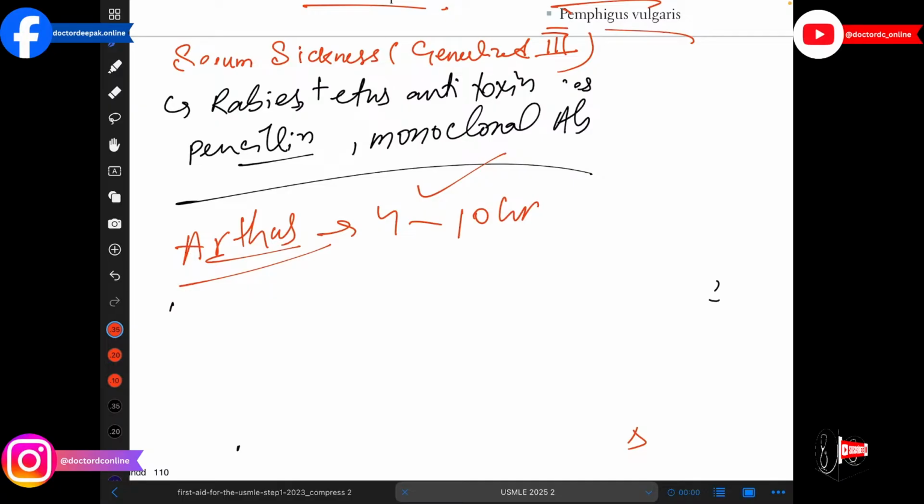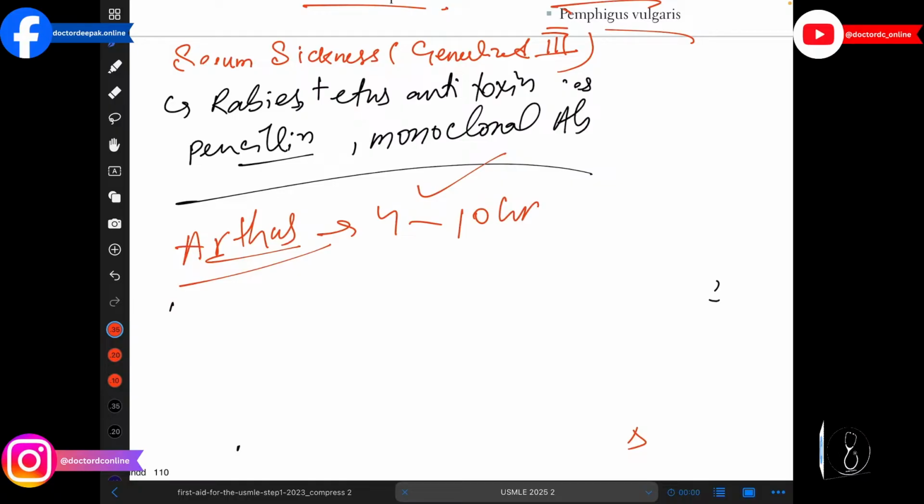On immunofluorescence staining, there will be antibodies and complement deposits. It is reported with skin injections like tetanus, diphtheria, hepatitis B vaccine, and insulin, with swelling and redness at the site hours after the injection.